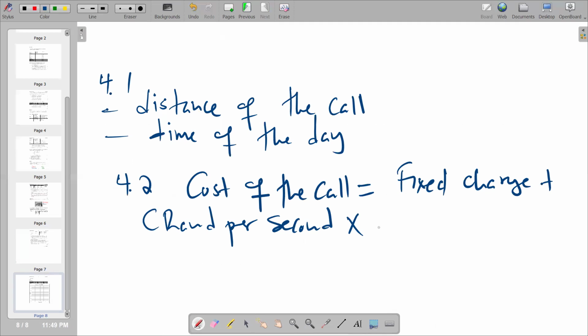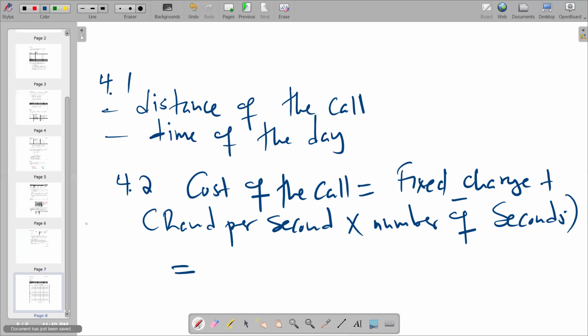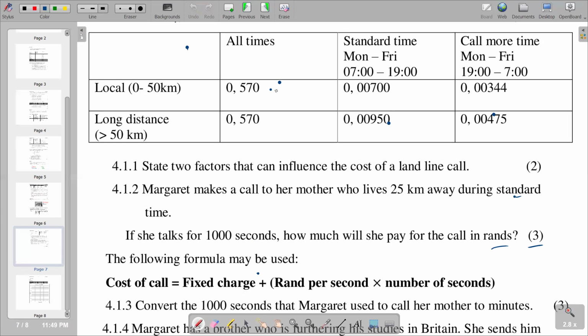If you check in terms of fixed charge, remember we have identified the fixed charge as 0.570 rand.